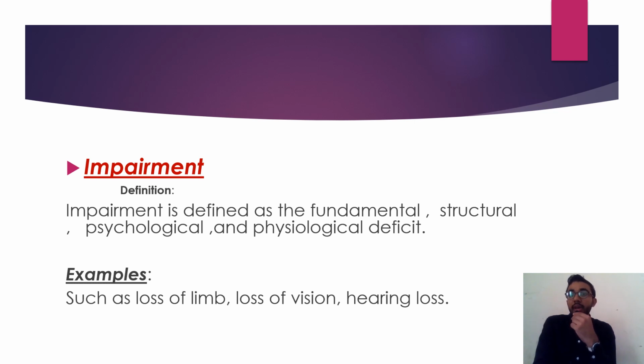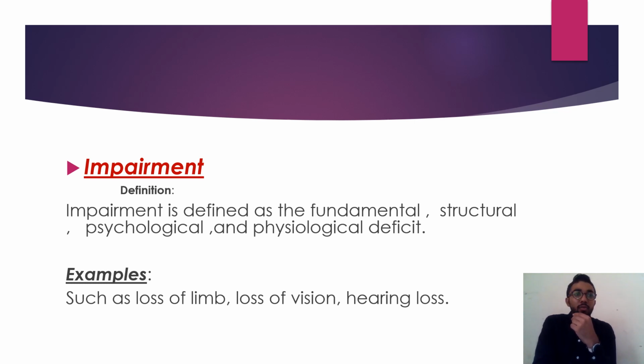For example, you don't have one hand or both hands, or you have a deficiency of body parts such as your legs, foot, or arms, as well as dysfunctioning of your eyes. Your eyes may be permanently closed. So there is hearing loss, vision loss, and loss of limb. You are called an impaired person, and this is called impairment.